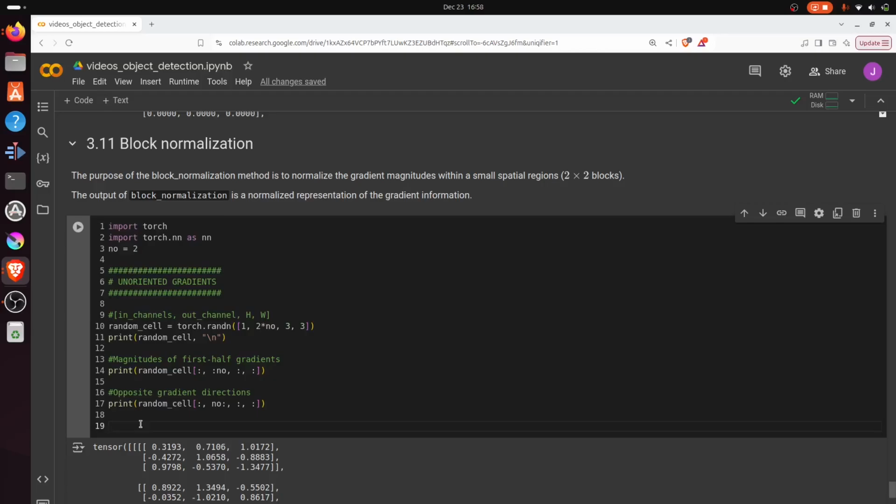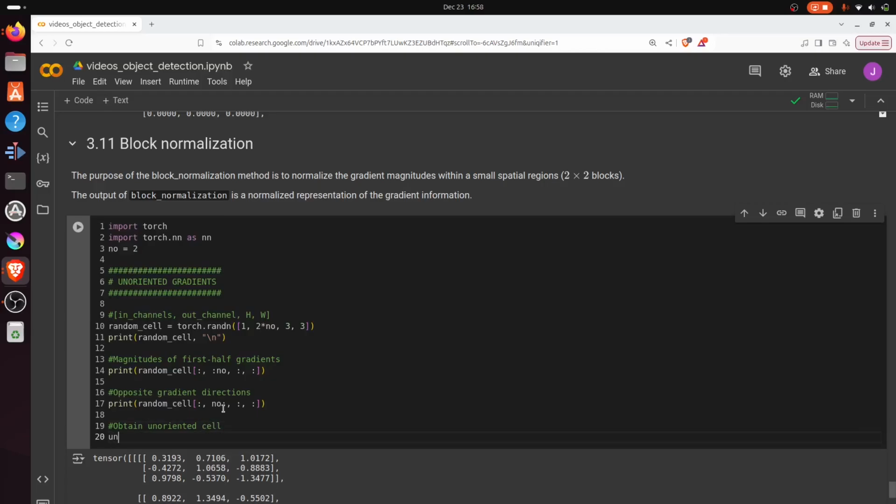So that is exactly what we're going to do now. Let's combine both to obtain the unoriented cell.